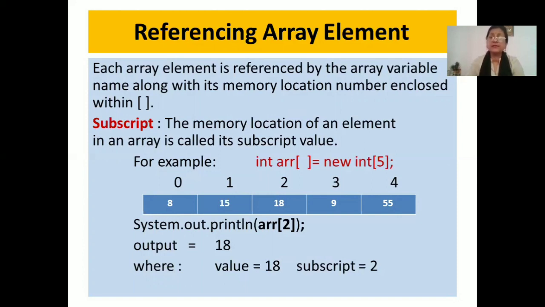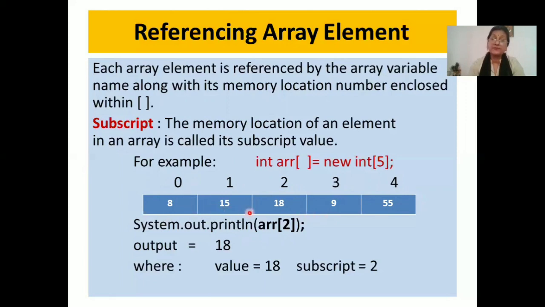For example, take this example again. int arr = new int[5]. 5 values we are going to store inside the array named arr, and you can see that 0, 1, 2, 3, 4. These are the 5 location numbers starting from 0 till 4. That is always from 0 till size minus 1.